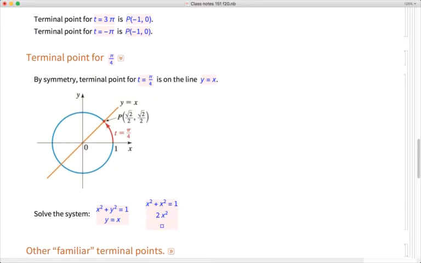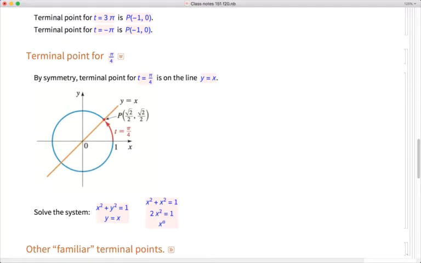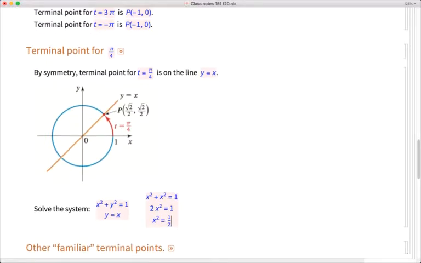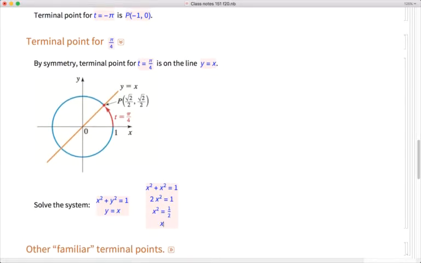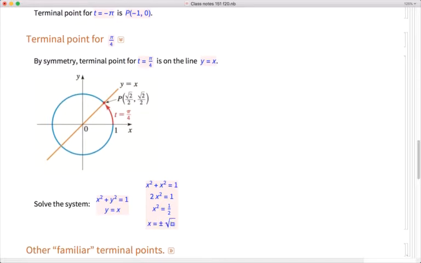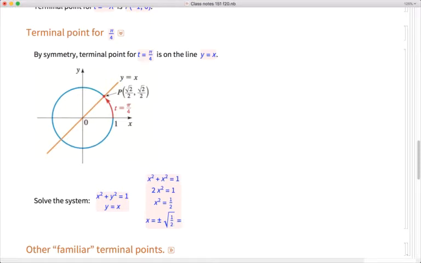It tells us that 2x squared equals 1, x squared equals 1/2, and this will give us the two possibilities that x is plus or minus square root of 1/2. And square root of 1/2, if you multiply top and bottom by square root 2, well, I don't know if it's simpler, but it's another expression. You get root 2 over 2.